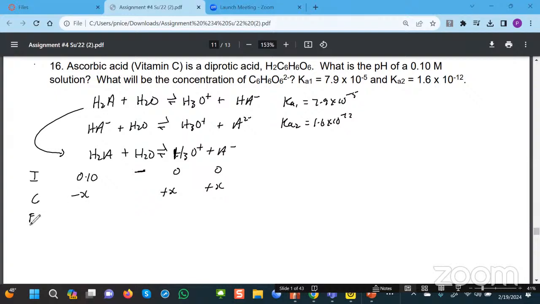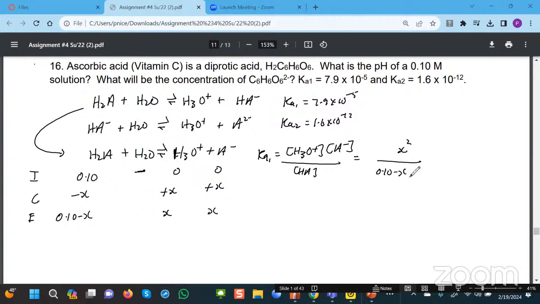So that at equilibrium, you're going to have 0.10 minus X. Here you're going to have X, here you're going to have X. So therefore, the expression for Ka1 is going to be equal to the concentration of hydronium times the concentration of A minus divided by the concentration of HA. And this would be equal to X squared over 0.10 minus X.